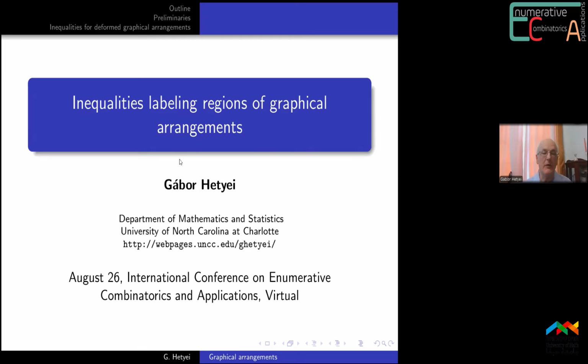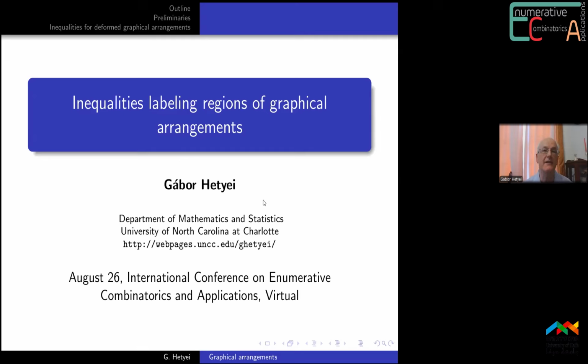This is about a result in a paper that ended up being almost 50 pages long, and I have two anonymous referees of Combinatorial Theory to thank for it. So I will try to avoid technical details, and I hope that the only reason my speaking and the slides will be out of sync is not some technical issue, but because it's on purpose.